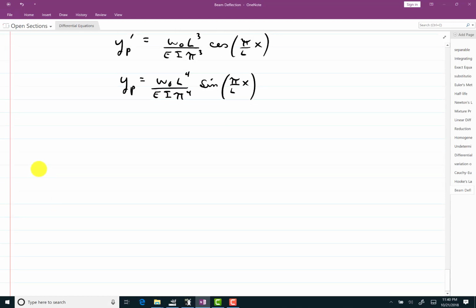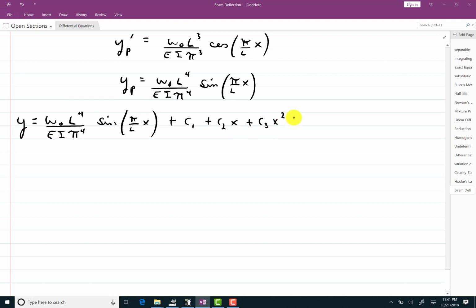And so this gives us the solution y equals W naught L to the fourth over EI pi to the fourth sine of pi over Lx plus C1 plus C2x plus C3x squared plus C4x cubed.